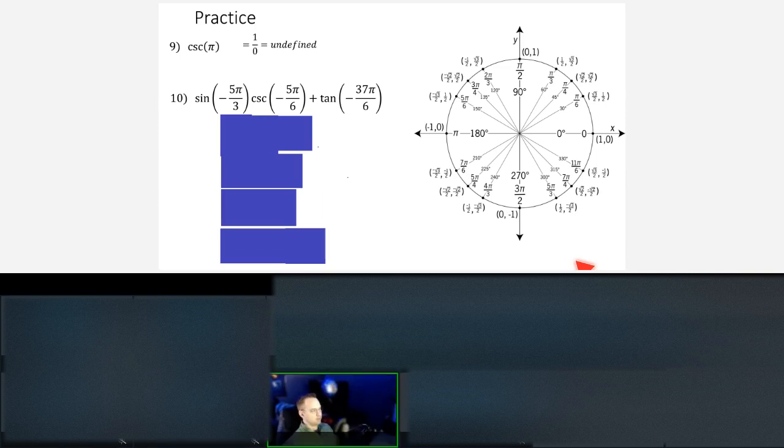Radical 3 minus radical 3, hold on, all over 3. Negative. So Chloe got -4 radical 3 over 3. I think Chloe might be right.